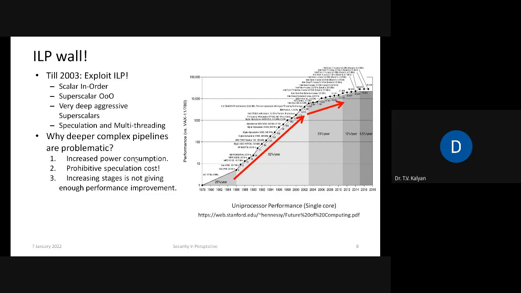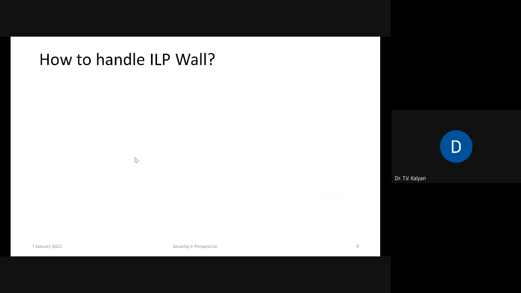Till then we were trying to build a very complex processor. Then we realized that it's not going to help us, meaning that with technology scaling, whatever transistors we are getting extra from one generation to another, we should use them more intelligently.